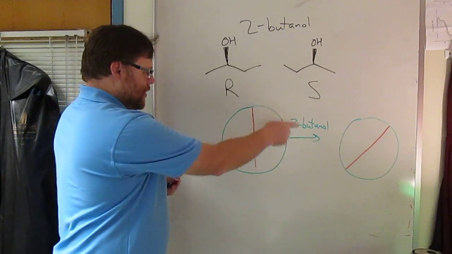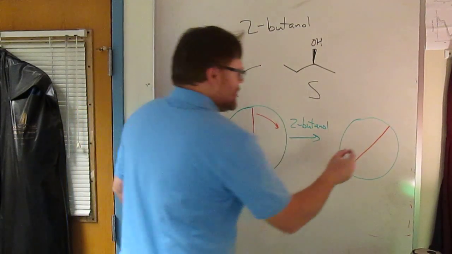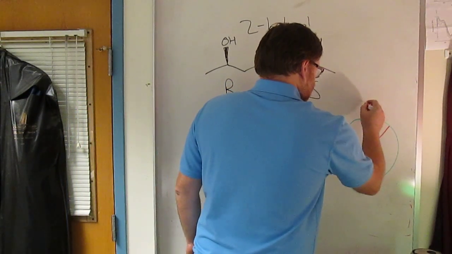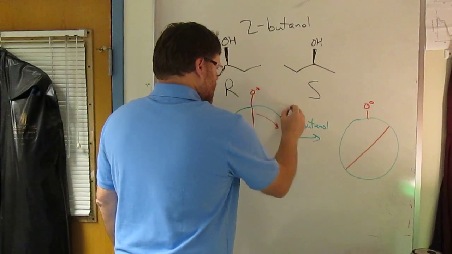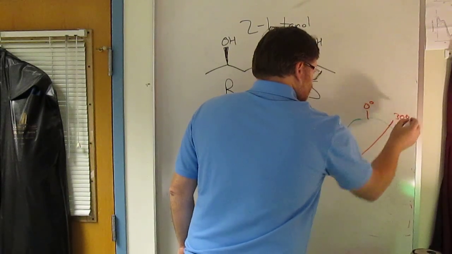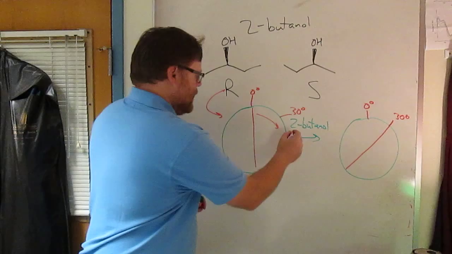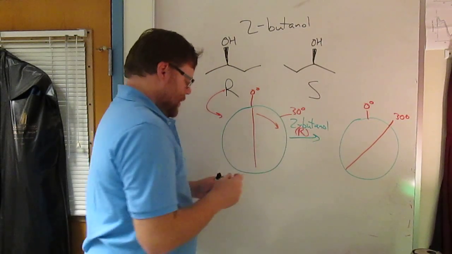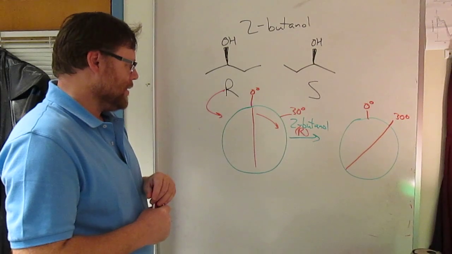So I've shown basically a clockwise rotation, and let's say this is 0 degrees and this is 30 degrees. And let's further imagine that we've used R 2-butanol as the chiral agent.